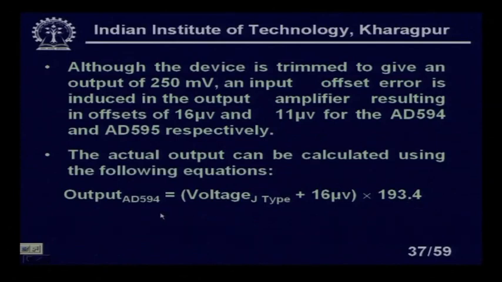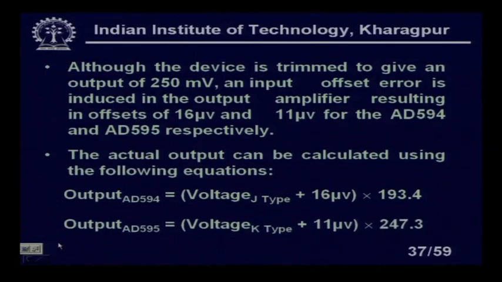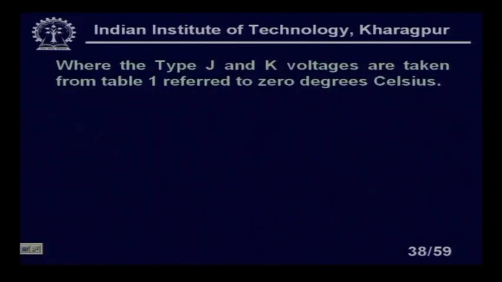Okay, this is the actual output voltage I will get from this circuit. And in the case of AD595, I will get an output of (voltage of K type plus 11 microvolt) into 247.3, where the type J and K voltages are taken from the table referenced to 0 degree Celsius.